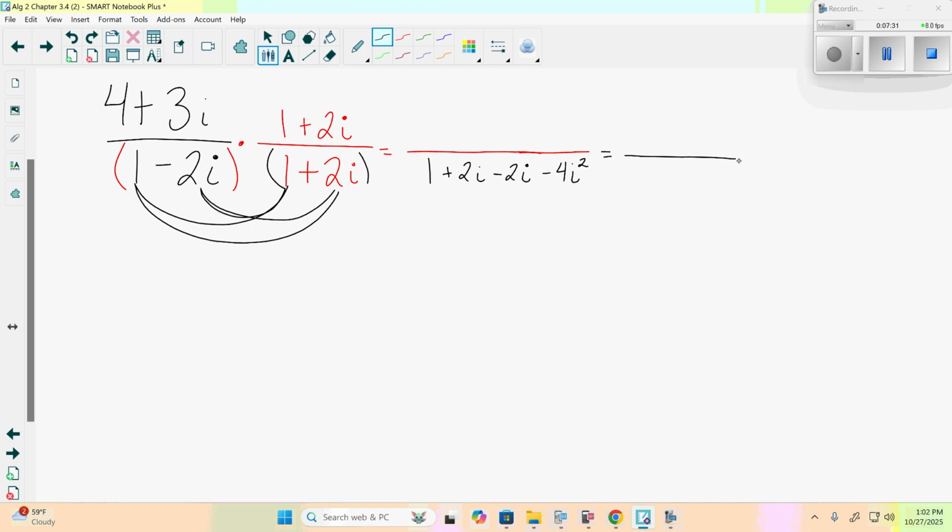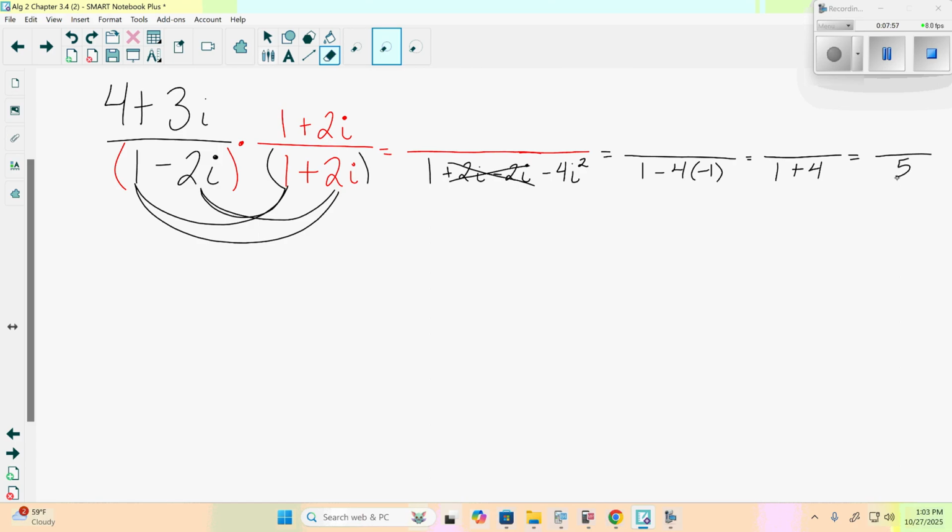Now we can do some simplifying. 1 doesn't have any like terms. Our 2i minus 2i is 0. And i squared we have to simplify, and it's going to simplify to negative 1. Telling us that we have 1 plus 4, which is just 5.